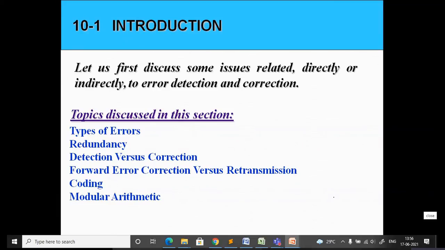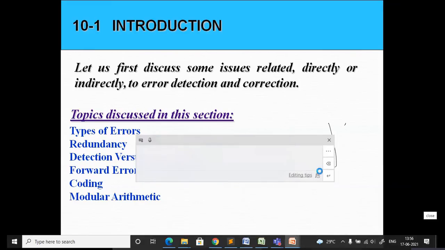This one I already told, when exactly it goes for retransmission. So these are just important topics you need to understand before going for the technique.